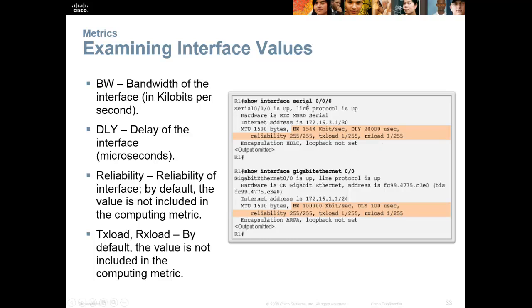So remember, show interface, whatever interface you're looking for, will show you the bandwidth, the delay, the reliability, and your 2 loads. But your numbers get bigger. If I'm trying to calculate a route from R1 to R2 to R3 to R4, I have to take every link in the chain and add that all together.